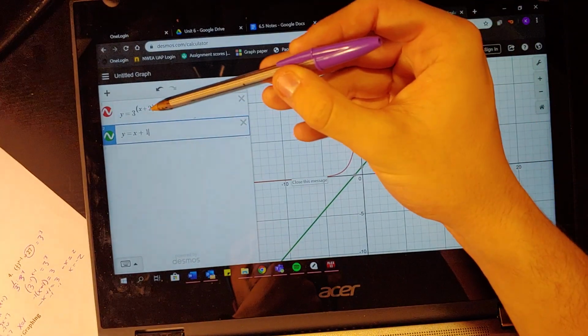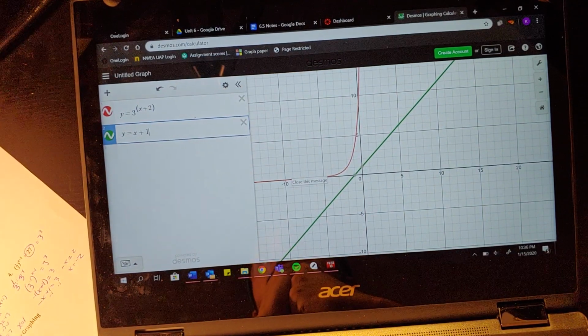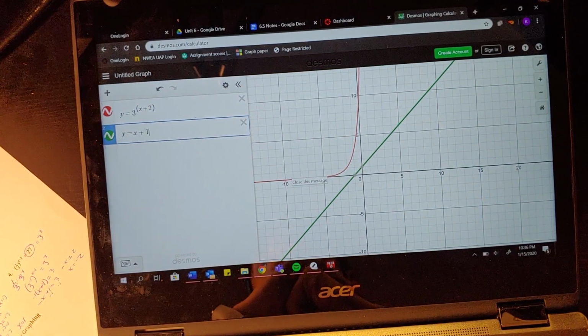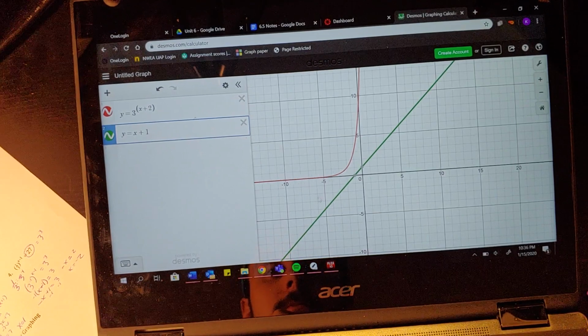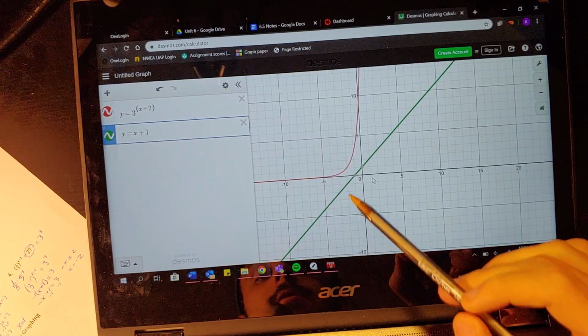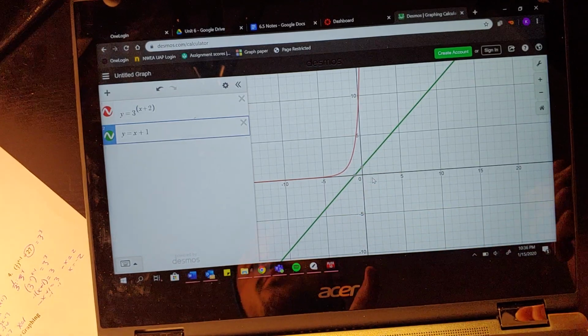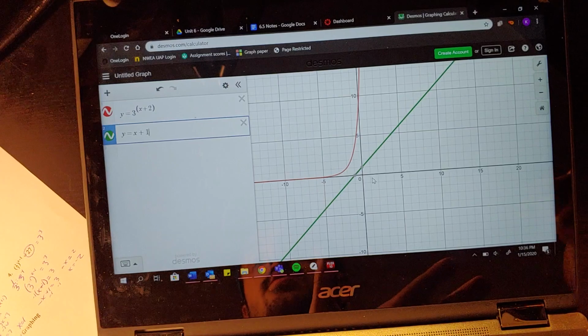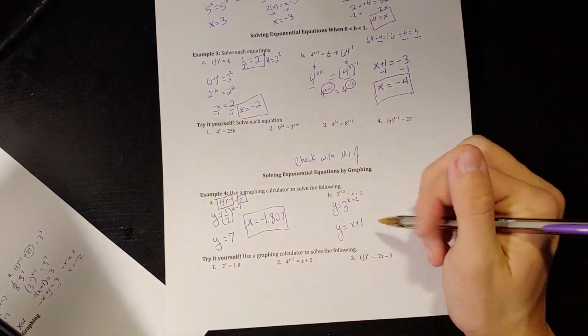You're going to have to put your exponents in parentheses. Otherwise, Desmos isn't going to like how you're typing it in. But if you notice, my two lines do not intersect at all. You have this huge gap between the lines. So because they don't intersect, we are going to write down no solution, which is your favorite solution.